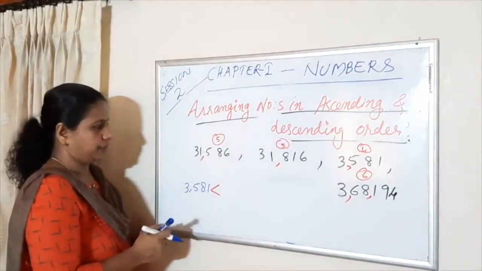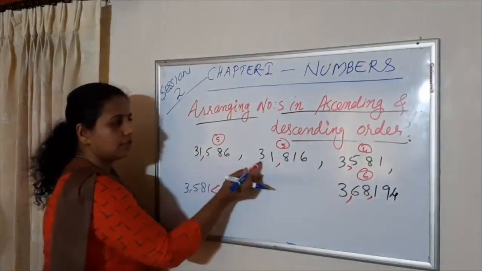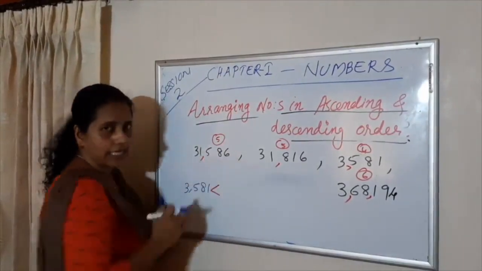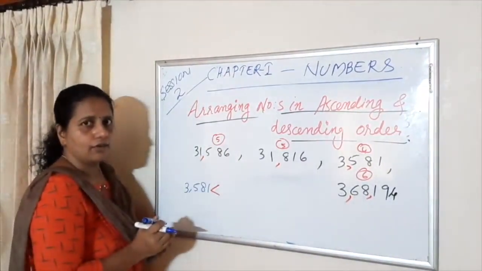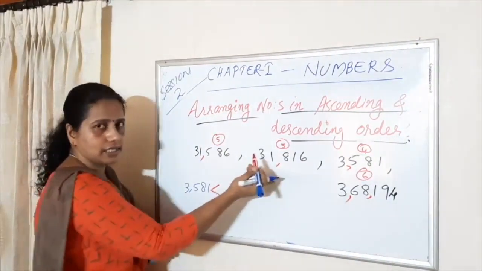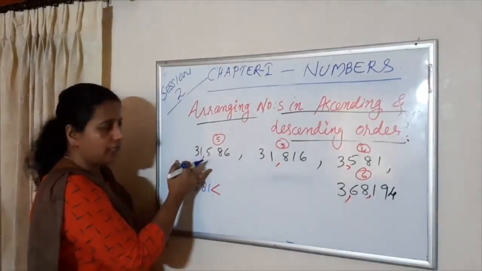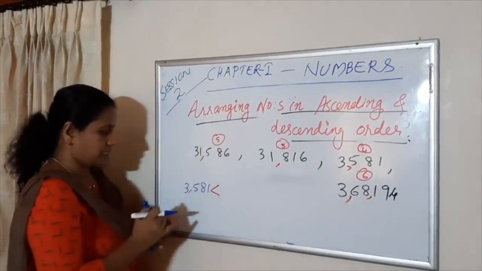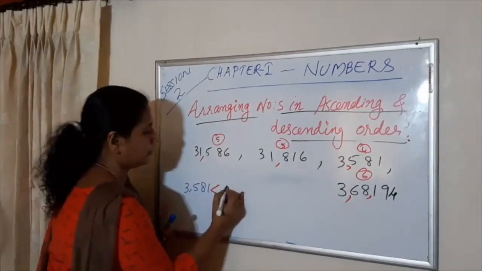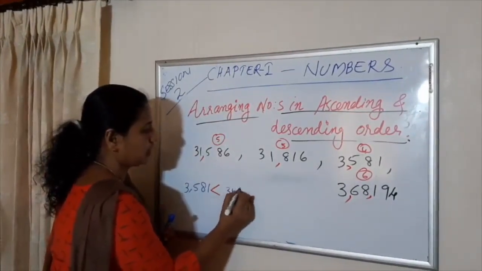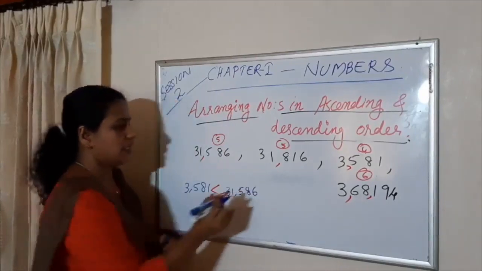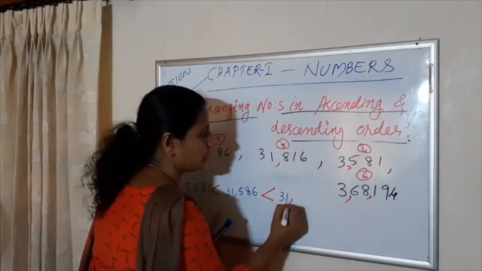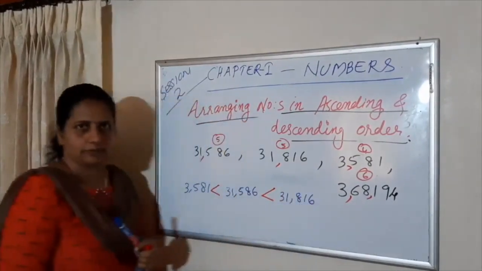Then next one is 5-digit numbers, but there are 2 5-digit numbers, so we want to compare them first. 3 is here, no change. 1, no change. After that 5 and 8. Which one is greater? 8 is greater. So which is the smallest number? 5 is the smallest number, that is 31,586. 31,586 is smaller than 31,816.